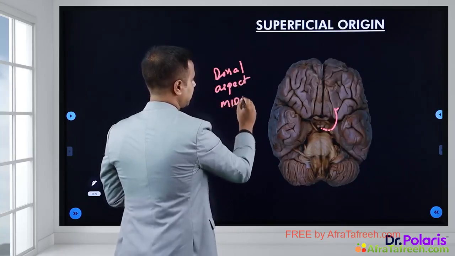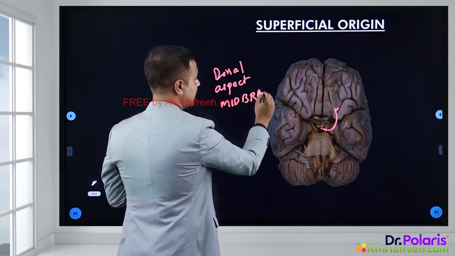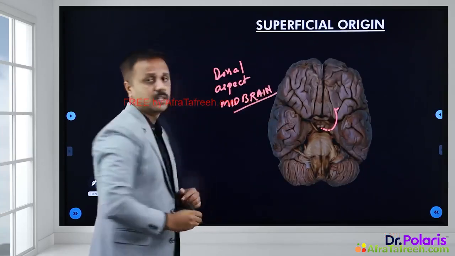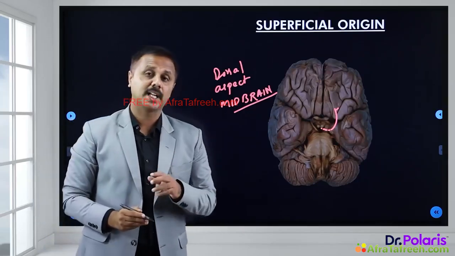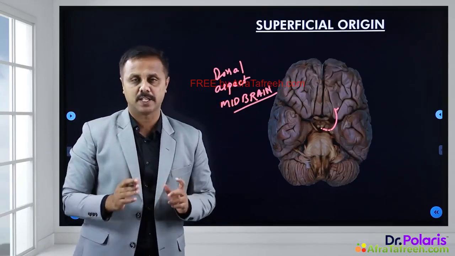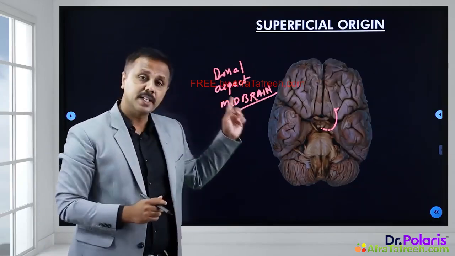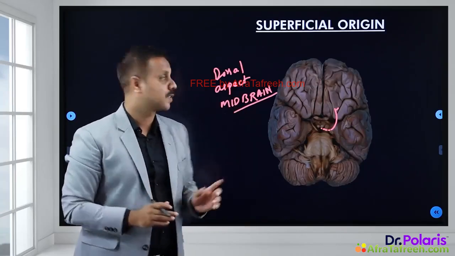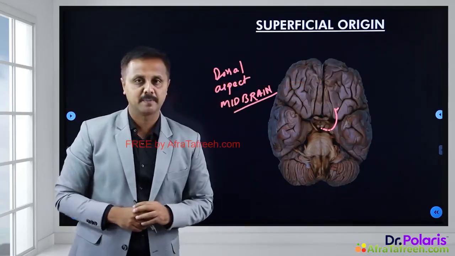The midbrain. Which is one more cranial nerve that is arising from the midbrain? The oculomotor nerve. But it arises from the ventral surface. The dorsal surface gives origin to the trochlear nerve. As I said, remember, this is the only cranial nerve that arises from the dorsal aspect of the midbrain.